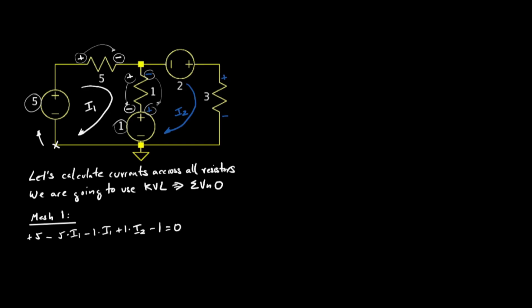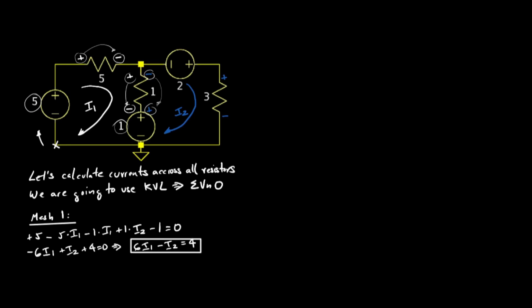In this case, on the left mesh, I departed from the lower point of the mesh, as you can see, marked with an X. And I'm going to go around mesh 1 clockwise. So if I depart from this point, the first voltage that I find is the voltage due to the 5-volt voltage source.